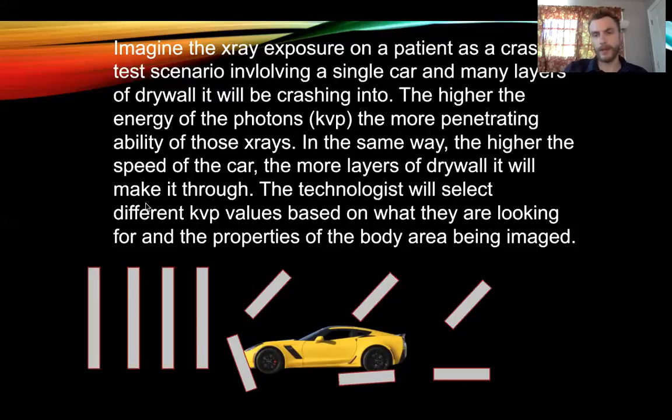So you have a car, it's going fast, it's going to go through more layers of drywall, clearly. You have a car that's going slow, it's going to only go through a few, and then it's going to get stuck. So that's basically the same thing that happens with the penetration energy of the X-rays. High energy, it'll go through more body tissue. Lower energy, it will not go through as much body tissue.